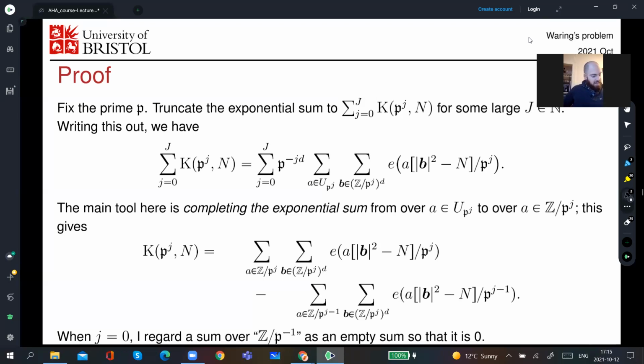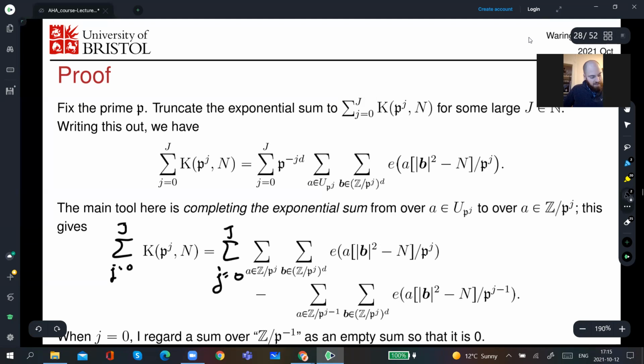And so here's the identity where I've thrown in the extra ones that were missing, the ones that were divisible by p. And now if I sum over j, I get the corresponding identity.